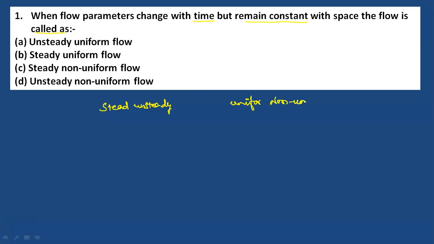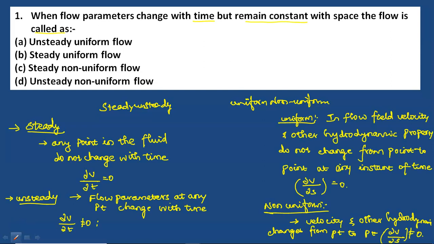First you want to understand what is steady flow and what is unsteady flow. A flow is said to be steady if any point in the fluid does not change with time. Therefore ∂V/∂t equals 0 for steady flow. For unsteady flow it is completely opposite: the flow parameters at any point change with time.